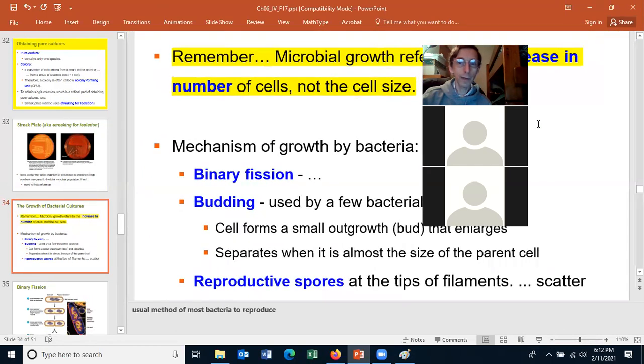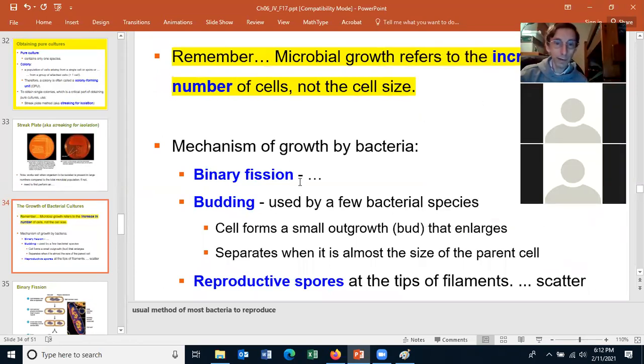There are 3 ways that bacteria can grow. Most bacteria grow by binary fission. A few species of bacteria can bud. A yeast buds. A bud is where a cell puts off a small bud, and that small bud grows bigger and bigger.